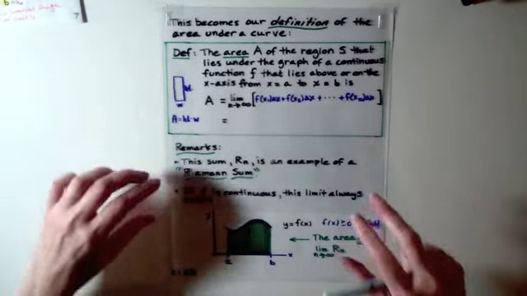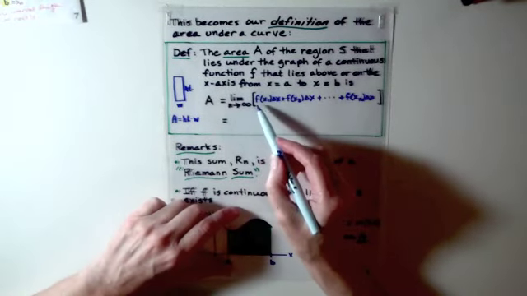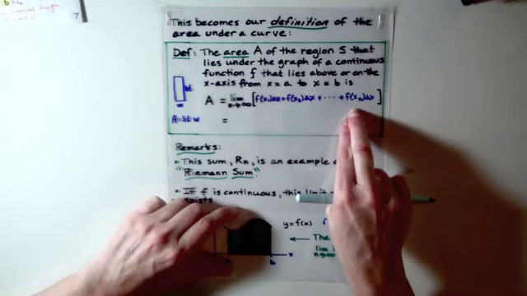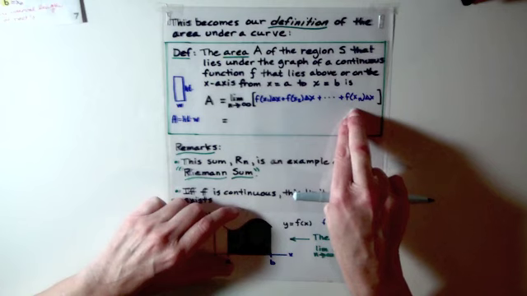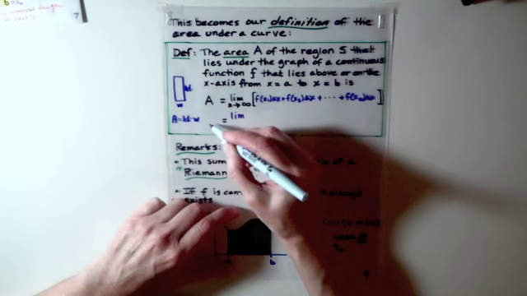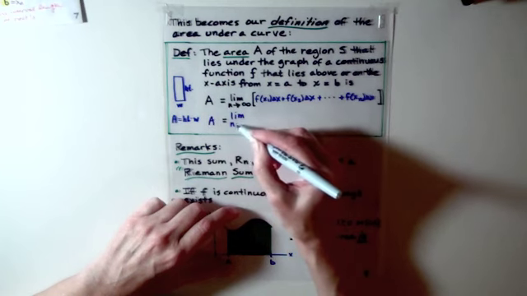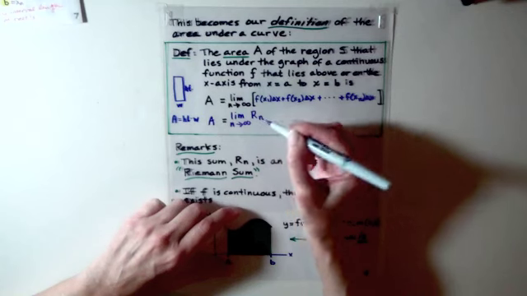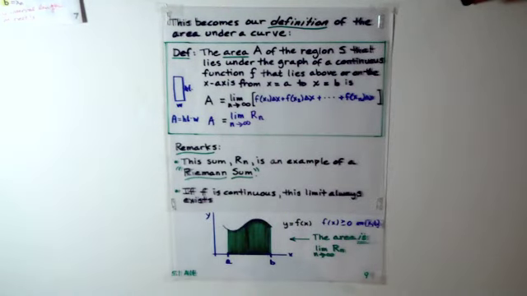And we're just defining the exact area under the curve to be the limiting value of that sum as n, this number of rectangles, gets larger and larger and larger, and we're looking at the limit as n goes all the way to infinity. So another way to write this would be, we're defining the area as the limit as n goes to infinity of this right-hand estimate that we had, R sub n.